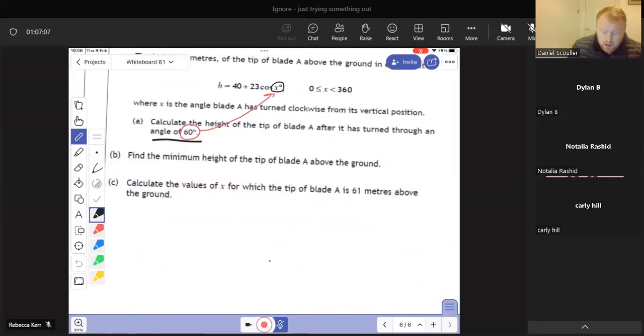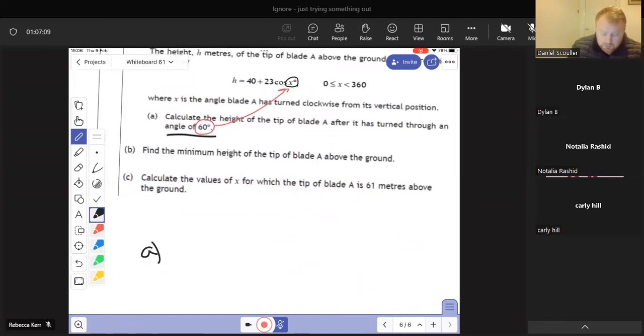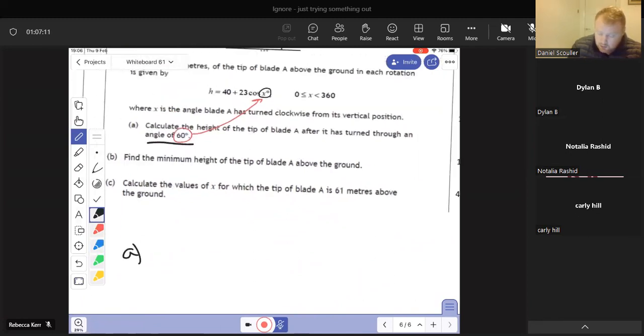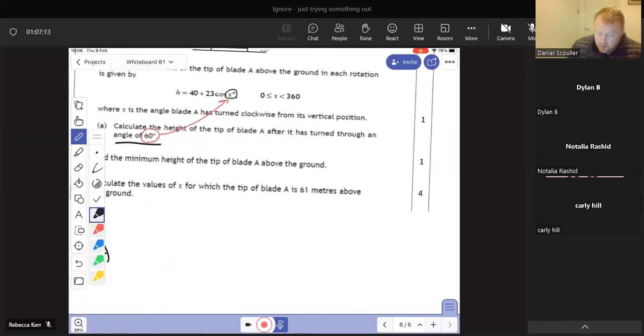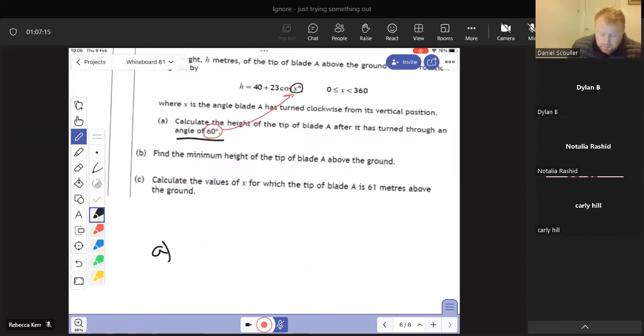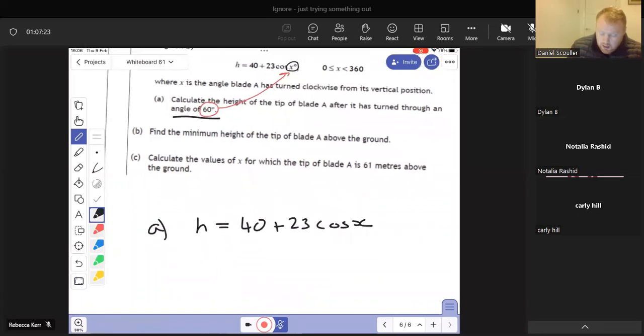So part A is, I say all, but how many marks? Is that only worth 1 mark? Stingy. Okay, h, height, equals 40 plus 23 cos x at x equals 60, so h equals 40 plus 23 cos 60.